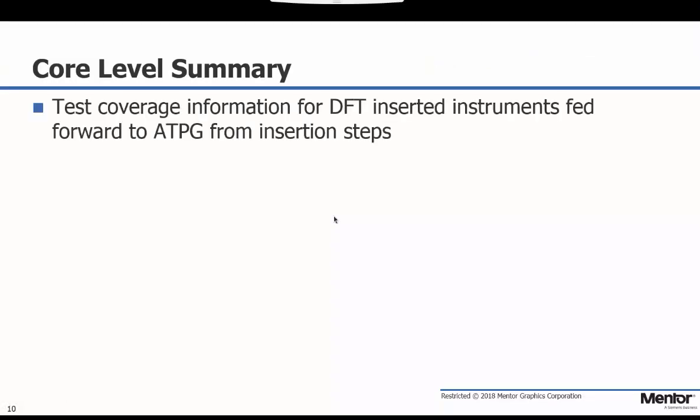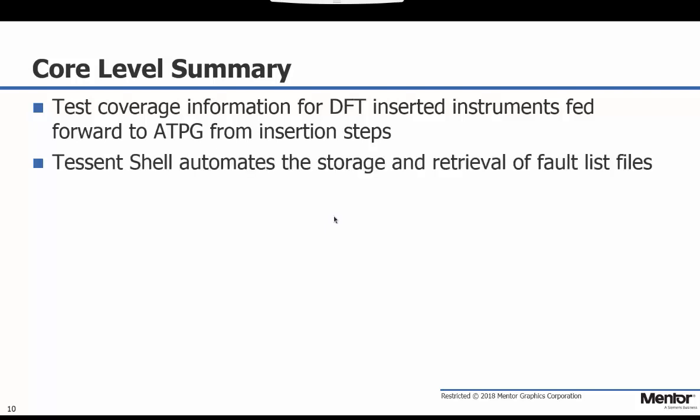In summary, test coverage information in the form of either DI or AU faults is forwarded to the ATPG step from the insertion steps when you execute that redesign command. Tessent Shell is able to automatically retrieve this information from the TSDB, as well as store additional information from the ATPG step for retrieval later at the SoC level.